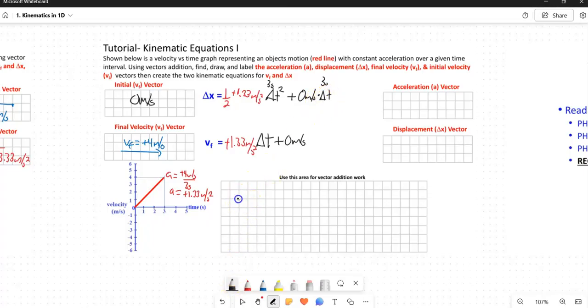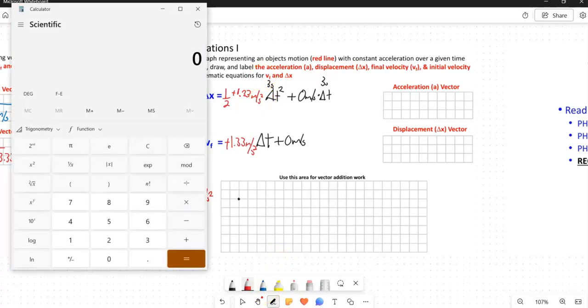So the initial velocity is just a dot. Now we're going to add to that the acceleration vector, which is 1.33 meters per second squared times 9 divided by 2. 1.33 times 9, divided by 2, is basically 6.